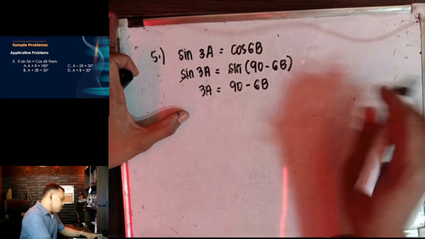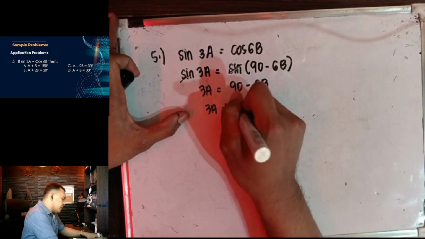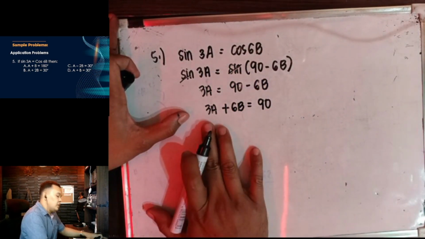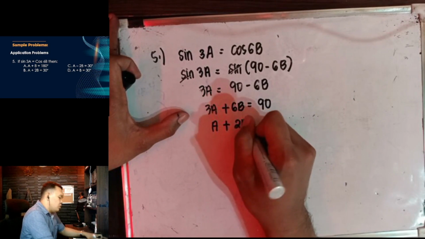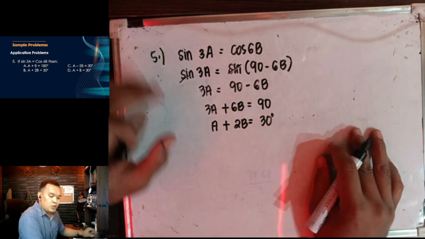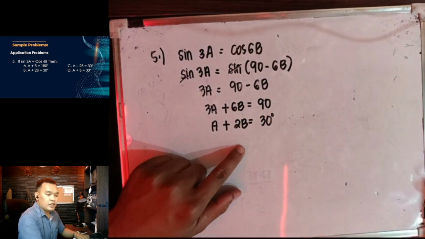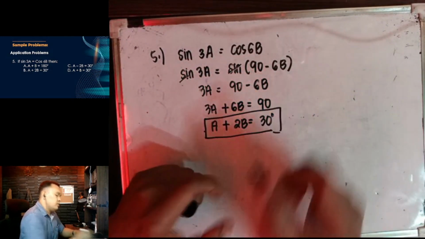Then, transpose: 3a plus 6b is equivalent kay 90. Then, tanggalin ko yung 3 dito sa a. So, we could say that a plus 2b is equivalent kay 30 degrees. So, the answer will be a plus 2b is equivalent kay 30 degrees. Okay? Check natin kung meron sa choices niyan.